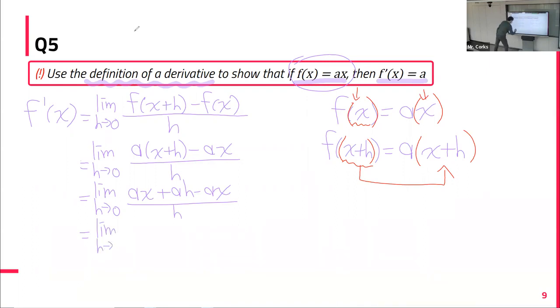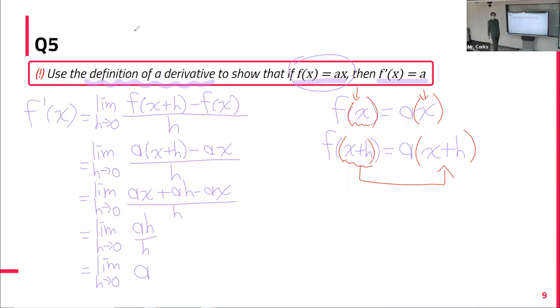The ax minus ax cancel out, leaving ah over h, and then the limit as h approaches 0 of a, the two h's cancel out.